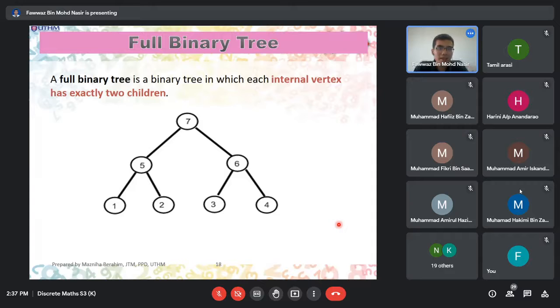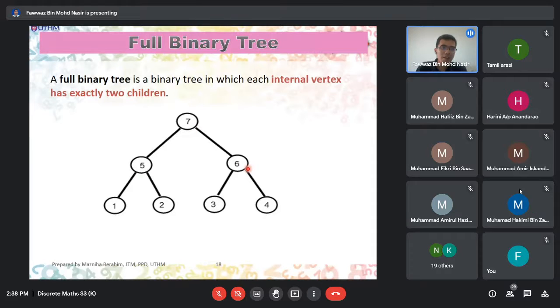Okay, so a full binary tree is a binary tree in which each internal vertex has exactly 2 children. Okay, jadi kalau korang ingat tadi internal vertex tu adalah vertex ataupun nodes that have children. So dalam contoh ni internal vertex adalah 7, 5 dan 6.